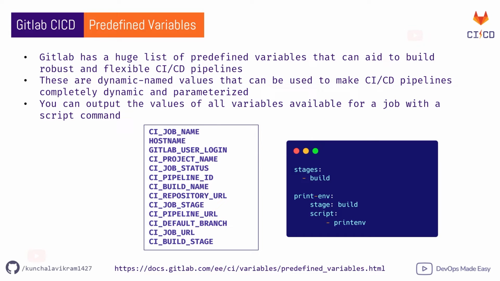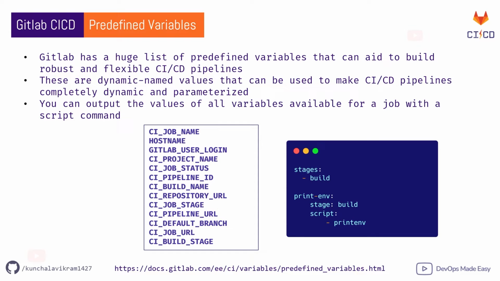And GitLab also has a list of predefined variables similar to Jenkins. You can find all the predefined variables by just running a job with printenv as the command. This will basically print all the predefined variables and their corresponding values that are relevant to this particular pipeline, because every pipeline will have a different job name or probably a different URL or anything like that.